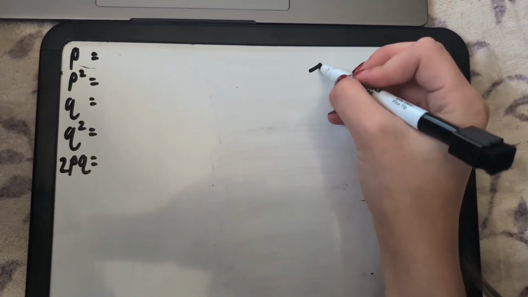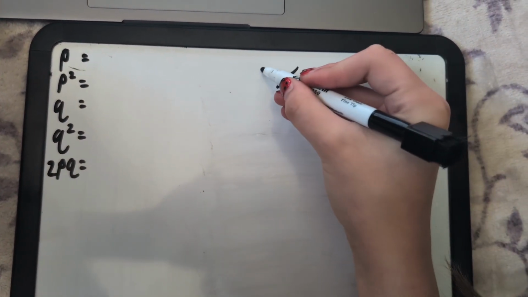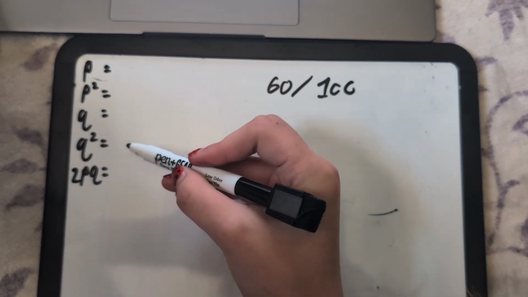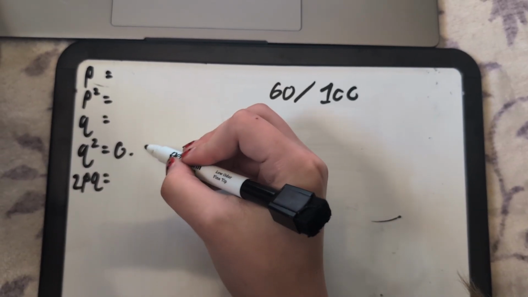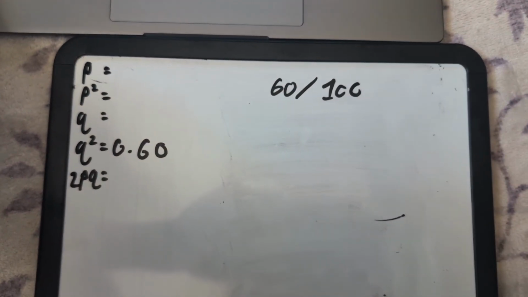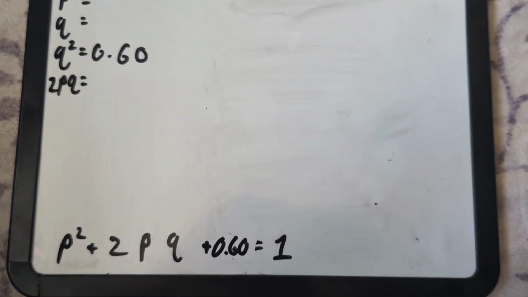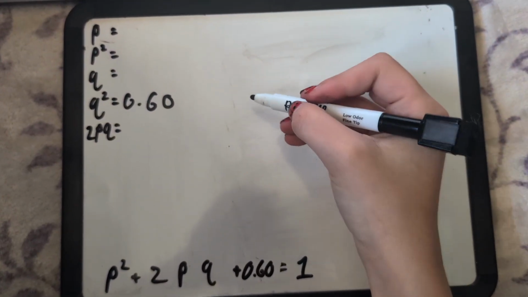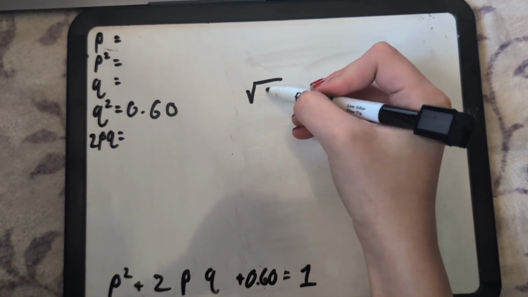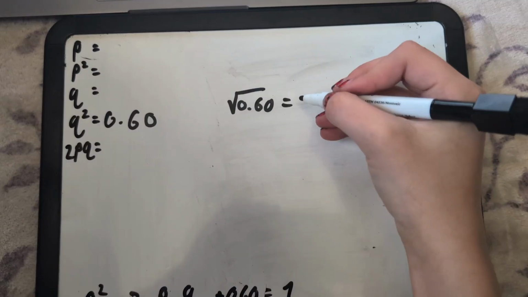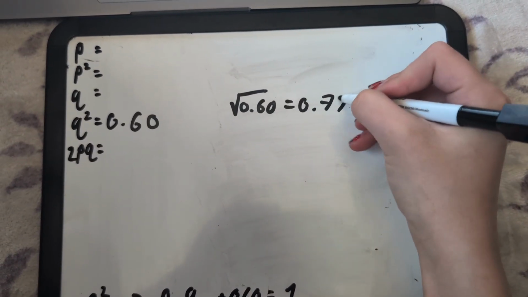Of 100, we know that 60 are homozygous recessive, which means we know that q squared is 0.60. With q squared, we can find q by finding the square root of 0.60, which is 0.77.